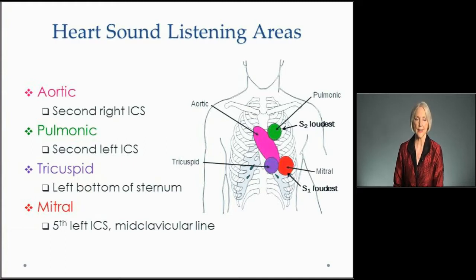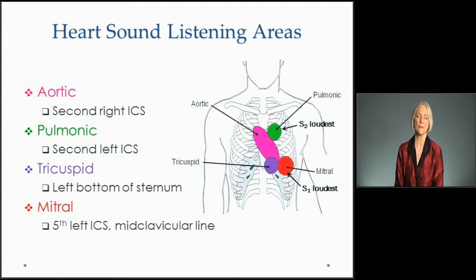Aortic sounds radiate. That's why the pink area is so much bigger. The pulmonic sound is heard straight across the street, second intercostal space to the left of the sternum. That's also where your S2 heart sound is heard the loudest.